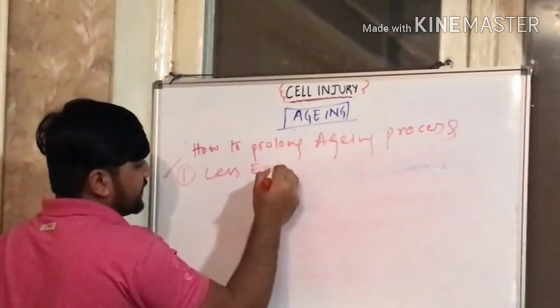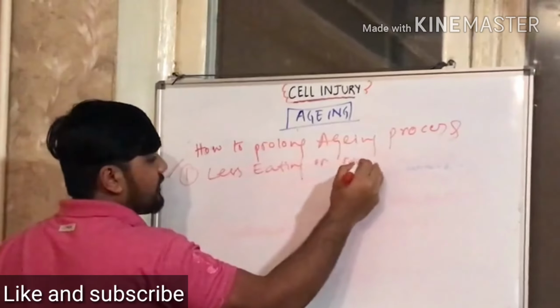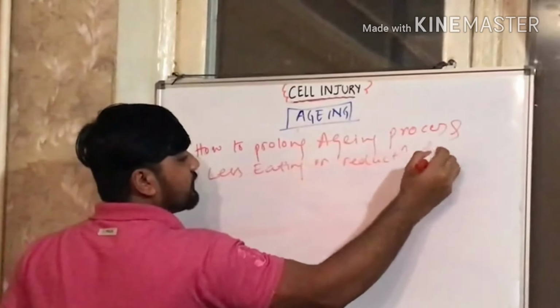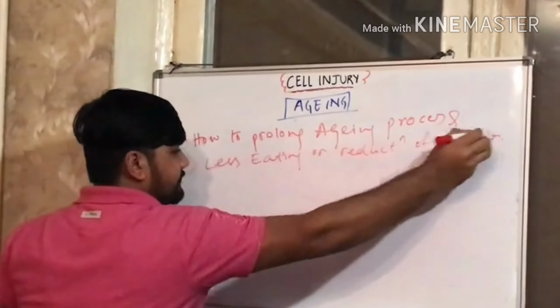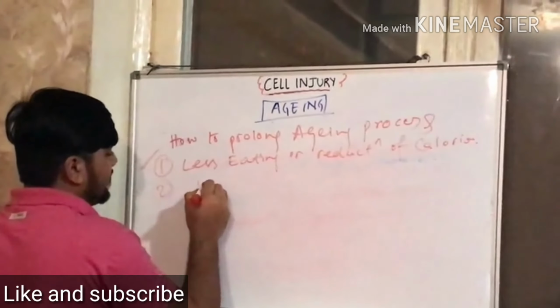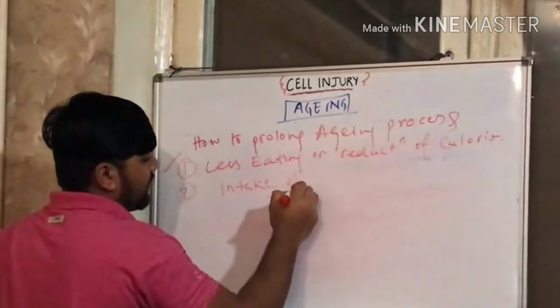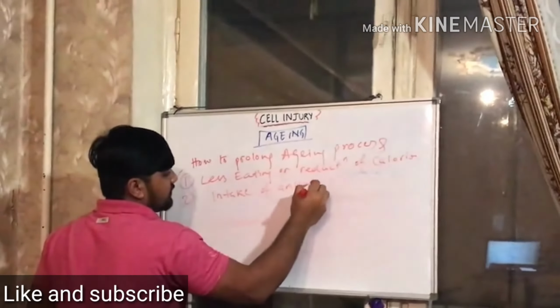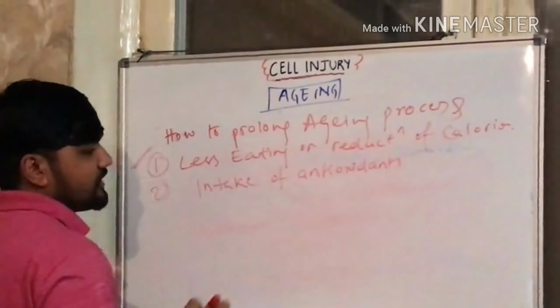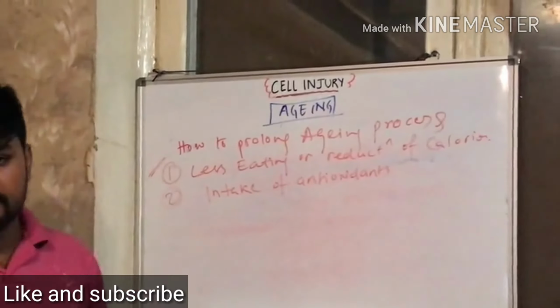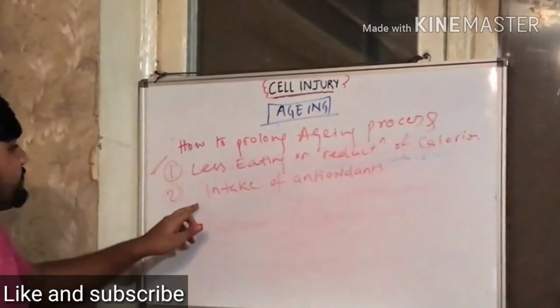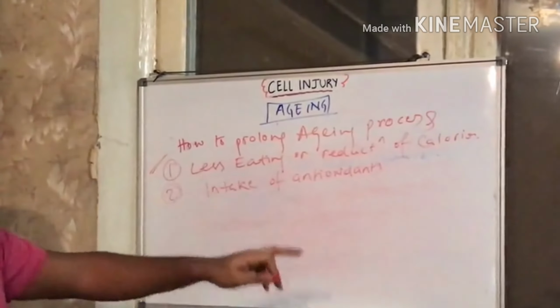Less eating or reduction of calories. Second one is intake of antioxidants. Taking antioxidants keeps you young. Okay, so how to prolong aging process? First one is less eating or reduction of calories.